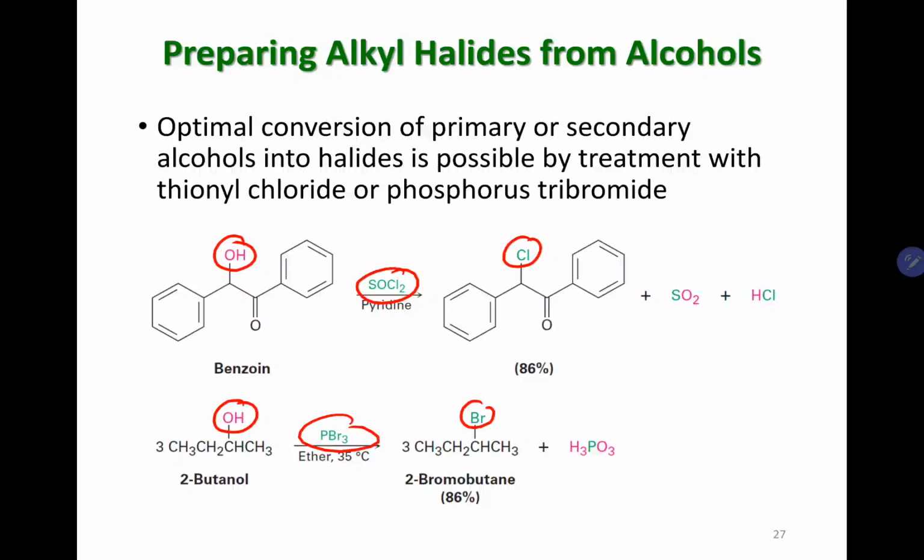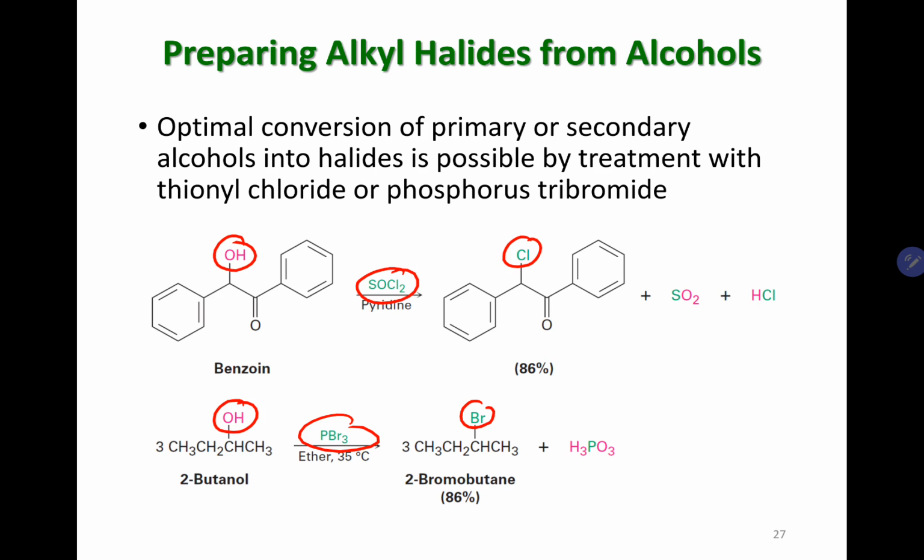That is something you have to remember at this level. Of course, in a later chapter we will learn why we have to use these specialized reagents and why HCl or HBr will not work. It all depends on the mechanism.